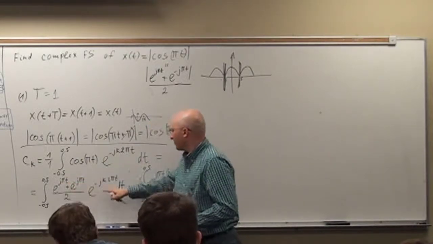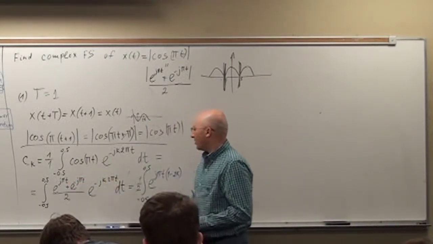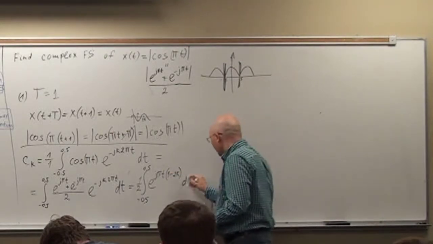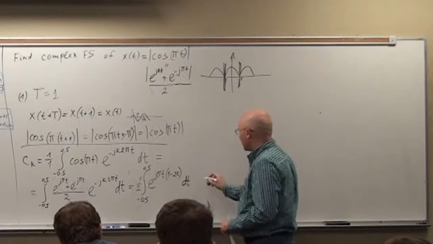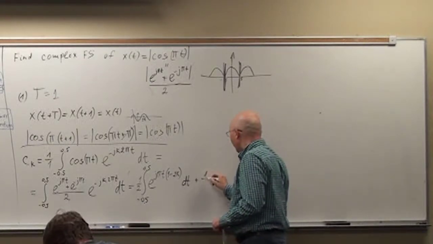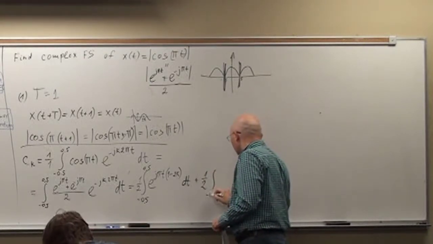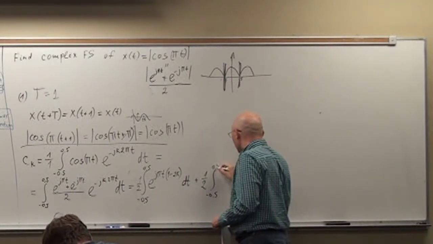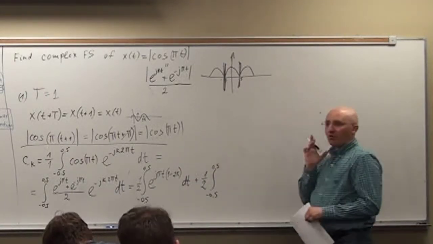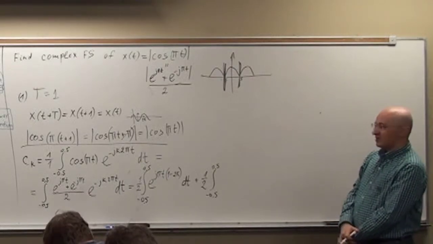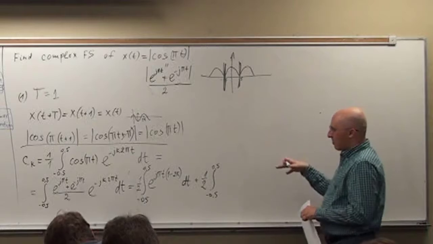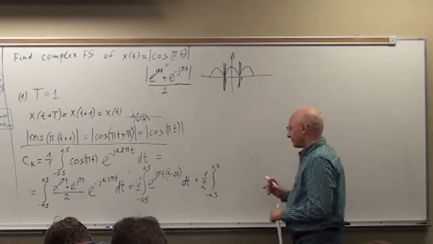It's like 1 minus 2k times j pi t. And I can divide that into multiple integrals. Plus 1/2, the same integral. I can write it as one integral or two integrals, it doesn't matter in that case because the integral is a linear operator. So you can divide the integral of a sum into a sum of integrals.